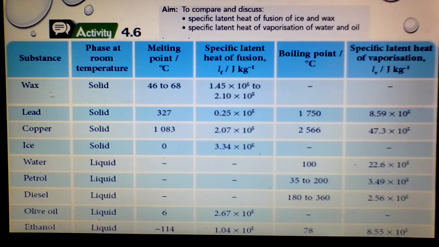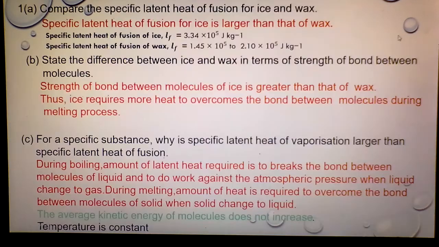For example, for wax, the specific latent heat of fusion, if you compare to ice, the value of LF for wax is smaller than ice. And then you compare water and petrol, for example, the specific latent heat of vaporization for water is much bigger compared to petrol.